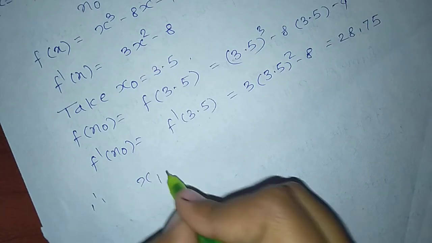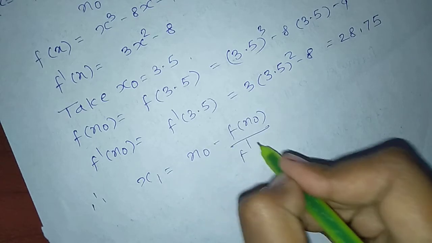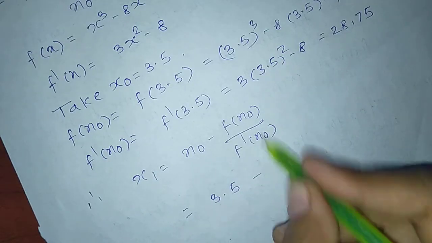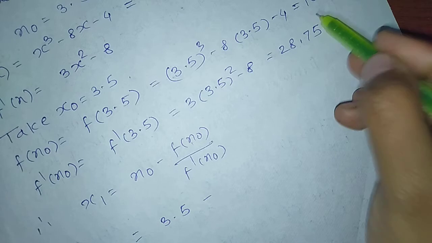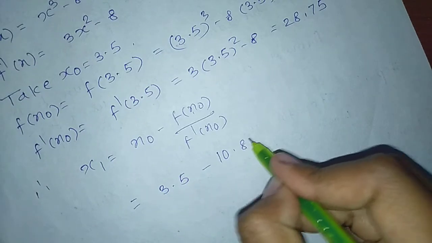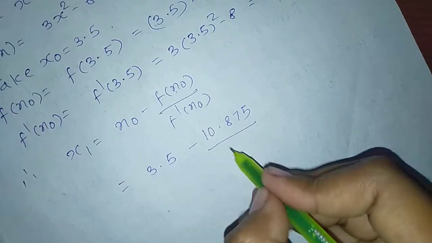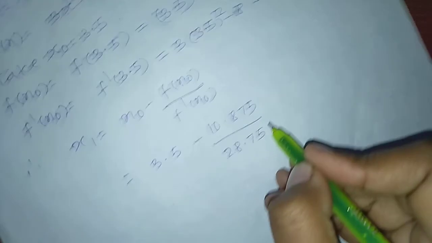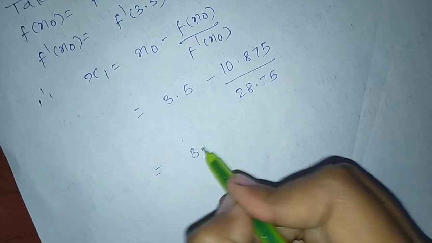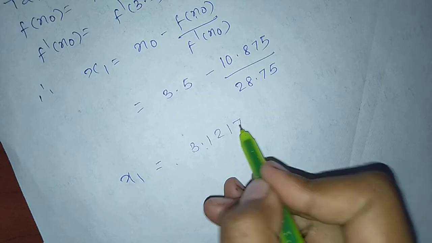Therefore, x1 equal to x naught minus f of x naught upon f dash of x naught, which is 3.5 minus 10.875 upon 28.75. After solving this, we get x1 equal to 3.1217.